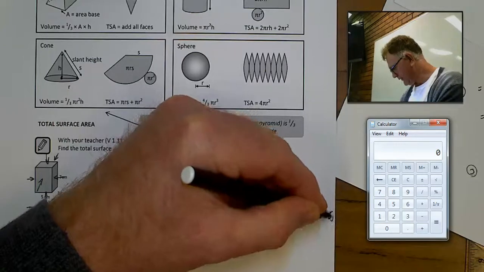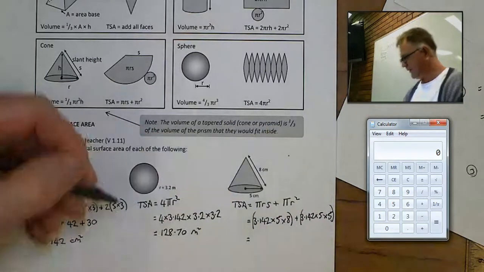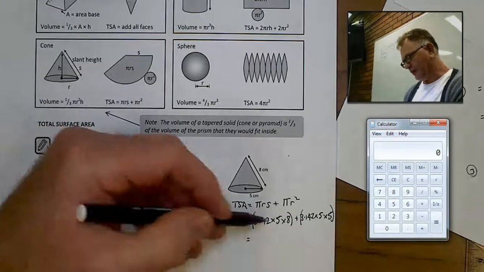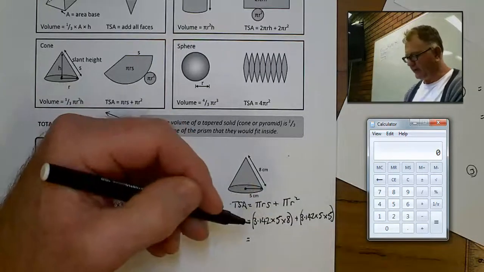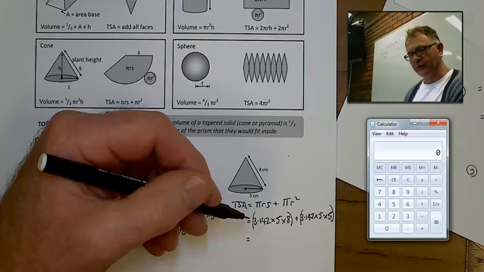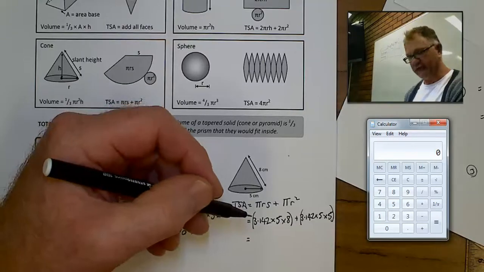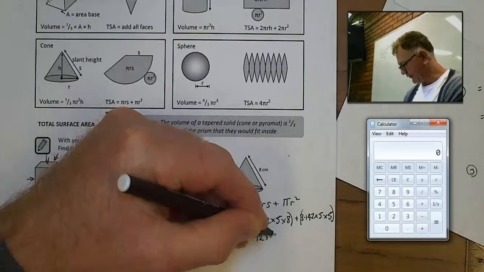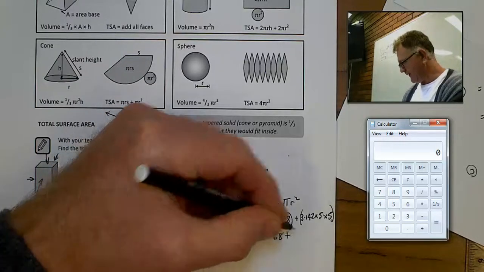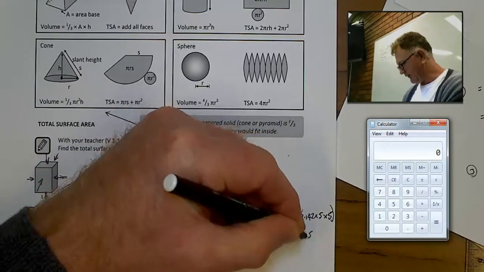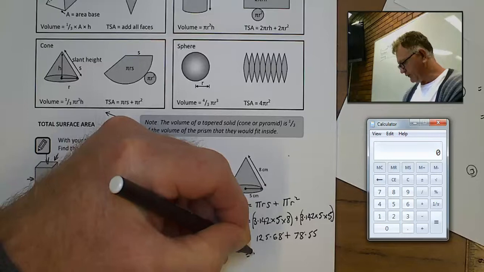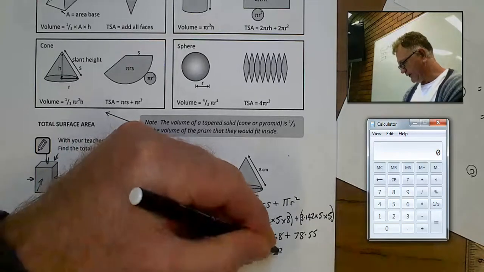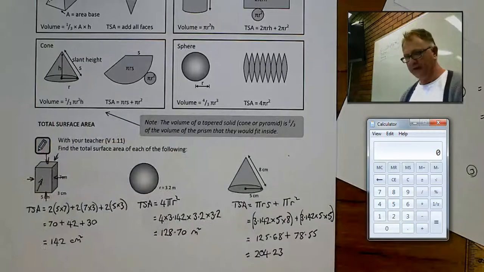Okay, you can do these calculations yourself. Don't try and do too much. Do this bit and this bit separately, then add them together. You get into some awful troubles trying to do too many steps on your calculator all at once. This works out to be 125.68 for that bit and 78.55 for that bit, total 204.23.